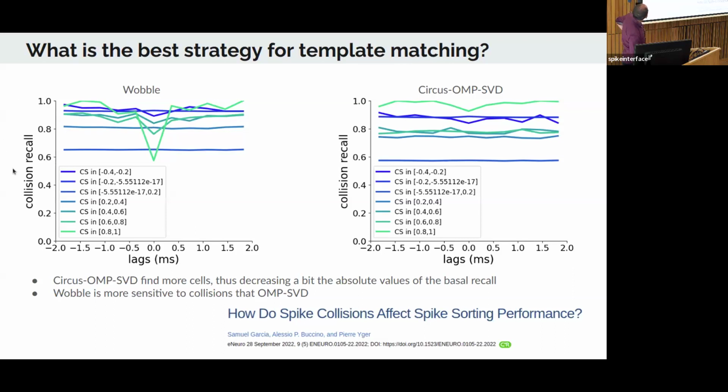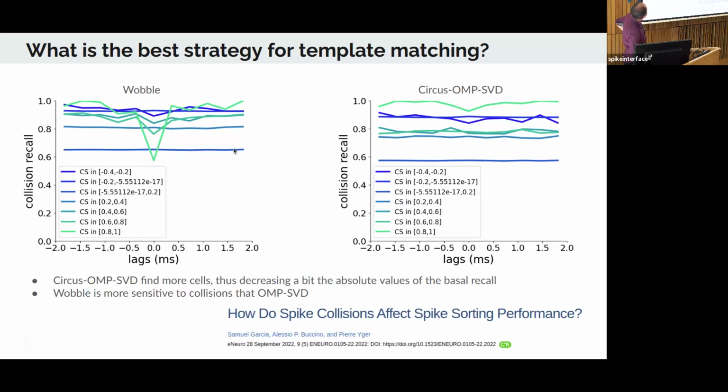So we can look at how good we are at finding collisions as a function of the cosine similarity between pairs of templates. So if it's dark blue, that means that for two templates that are really dissimilar, irrespective of the time lags between spikes that are colliding, so at 0 means fully synchronous, they will be fully recovered by the Wobble pipeline.